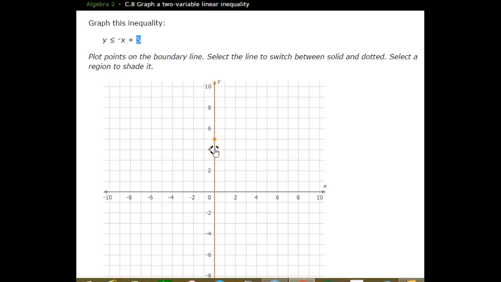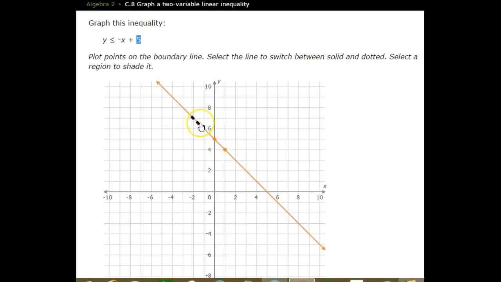And then the run is positive 1, so it goes over to the right 1. And so it's a perfectly diagonal line going down. Since it's a slope of negative 1, it makes sense that it's going down because things that go down are negative, right? So I'm going to click there, and that's my line.